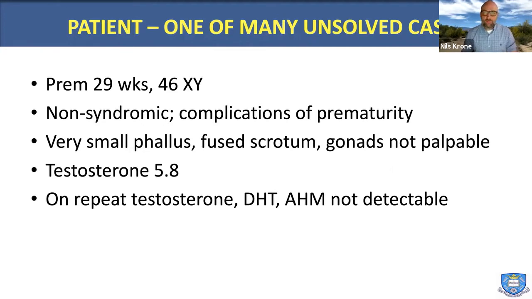But there's one problem with whole exome sequencing, which is all great. So I'll give you an example of someone I've recently seen. Ex-prem, 29 weeks, non-syndromic, some complications of prematurity, but catching up really well. Testosterone relatively high, but to be fair, this was measured in a non-specific assay because on repeat, there are no steroids around.